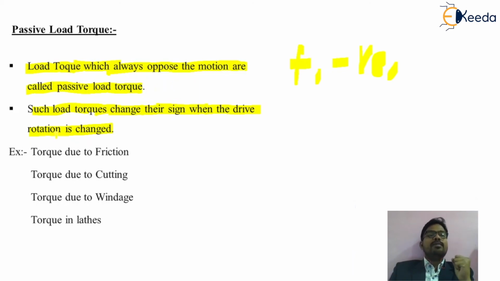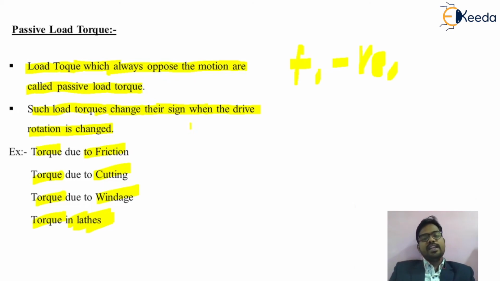Such passive load torques are available due to friction, cutting, windage, and the lathe machine, because lathe machines are basically used in different cutting, tooling and shaping operations. So in that application we have the passive load torque.